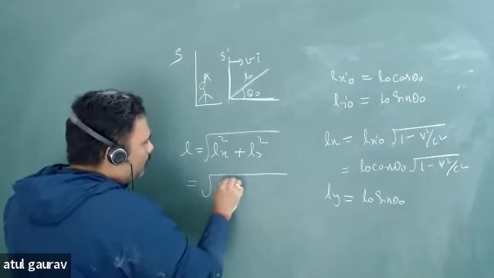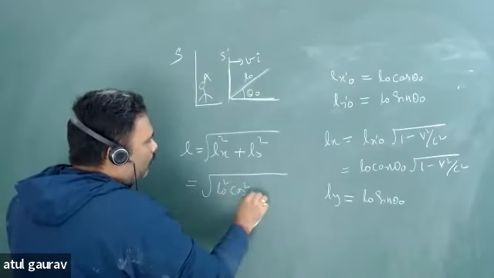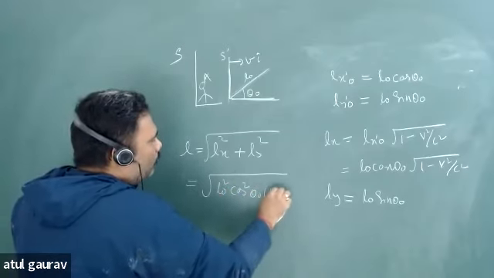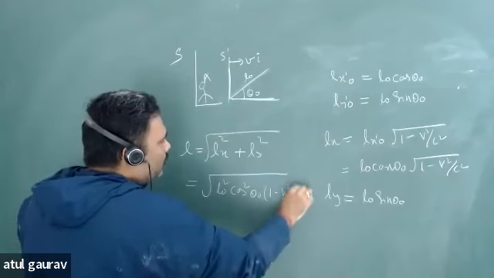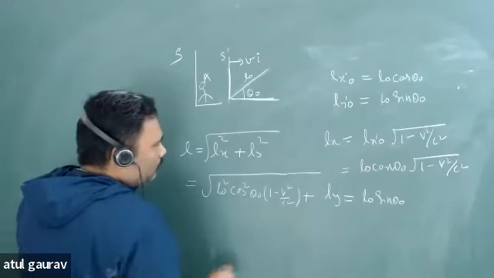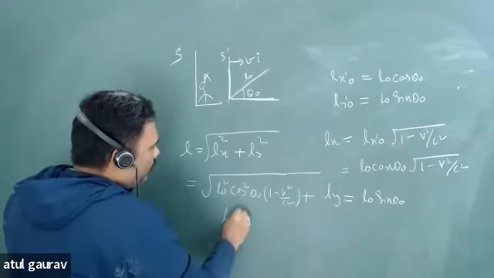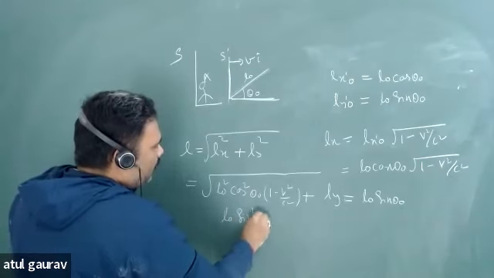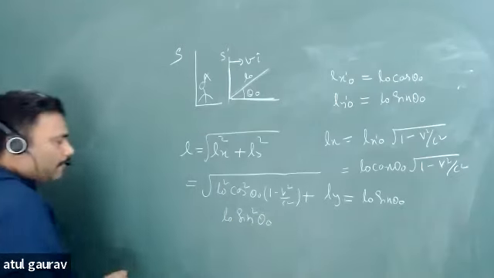So this is your L naught square cos square theta naught times 1 minus v square by c square, plus L naught square sin square theta naught. Everyone is comfortable right now?